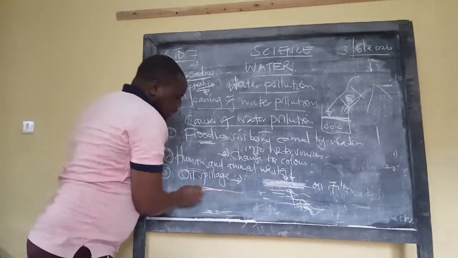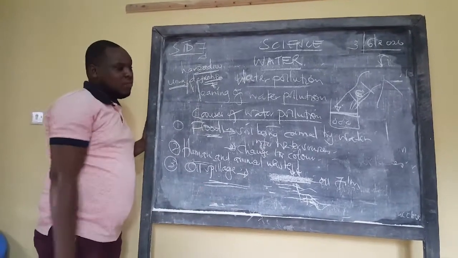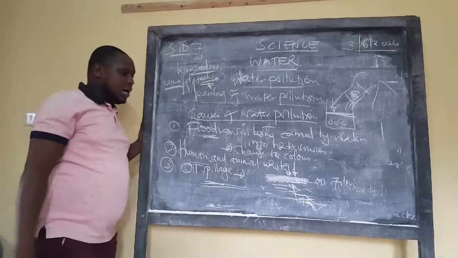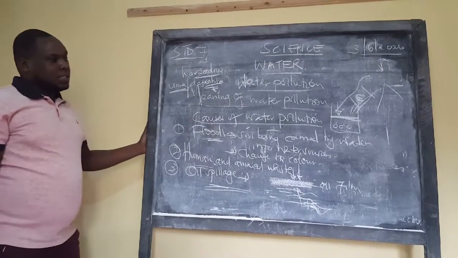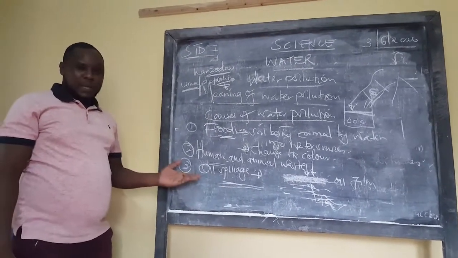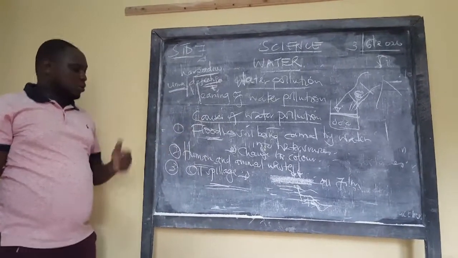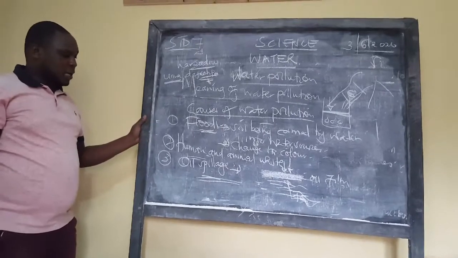So we are saying oil spillage will pollute water, and this will affect marine animals. All of them will die because they will lack oxygen. And this can be a result of oil spilling from oil tankers that pass through the seas and all those big masses of water.